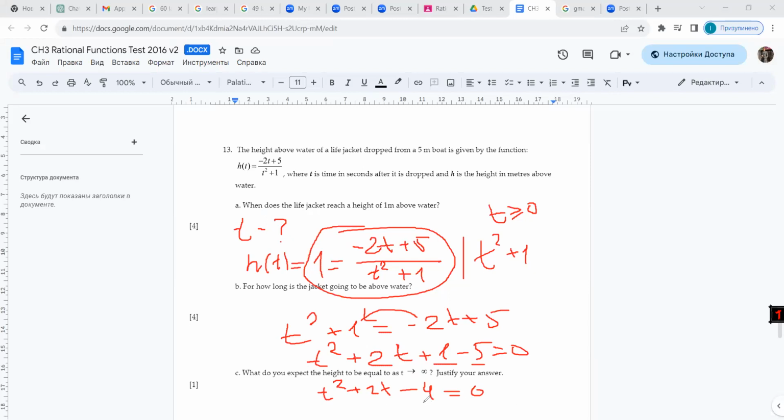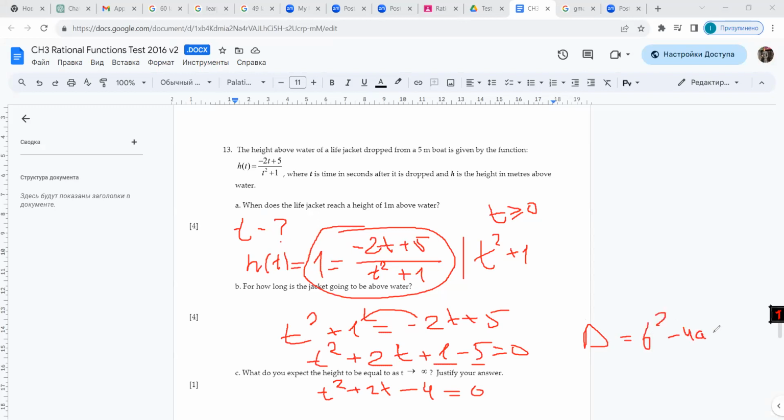Now I have to solve this simple quadratic equation. I'm going to use the discriminant. You can use Viète's theorem or the sum and product rule if it's more convenient for you. I use the discriminant because I like it most.